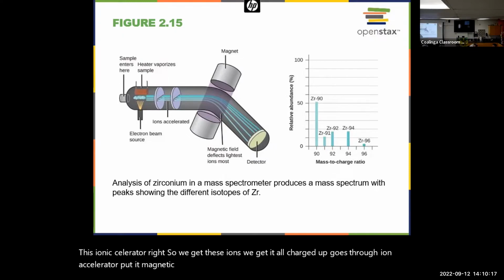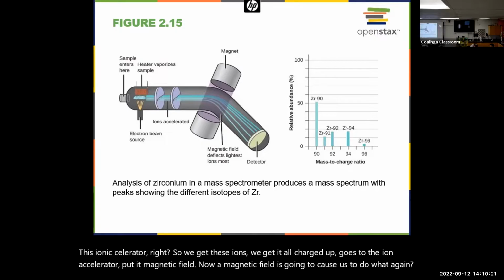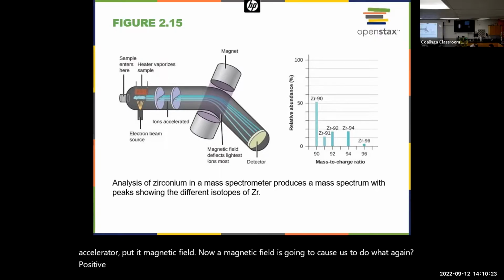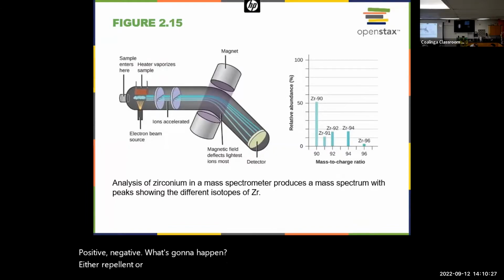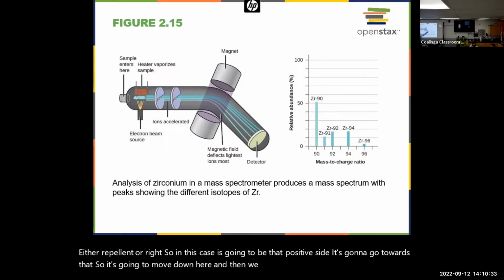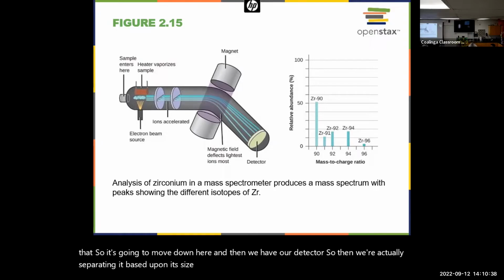Now, a magnetic field is going to cause us to do what again? Either repel or attract, right? So in this case, that positive side is going to go towards that, so it's going to move down here. Then we have our detector. So we're actually separating it based upon its size and charge, okay?